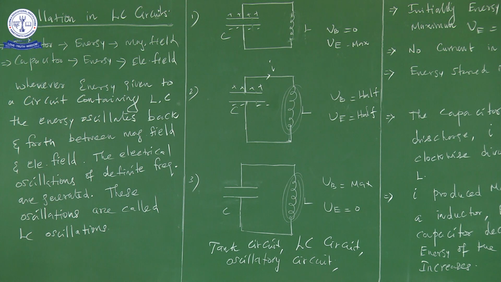Then after some time the total charge of the capacitor moves to the inductor. When it goes to the inductor, the energy of the magnetic field is maximum, however there is no charge across the capacitor, so the energy of the electric field is 0.